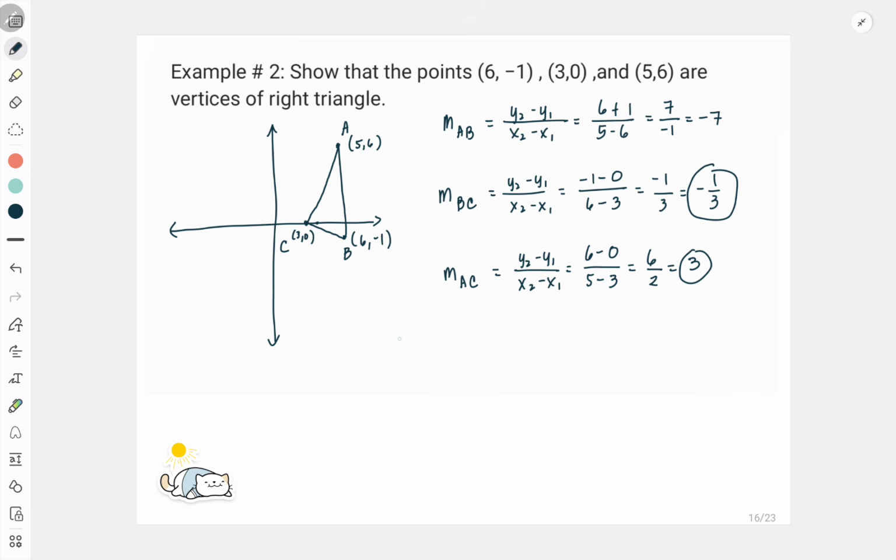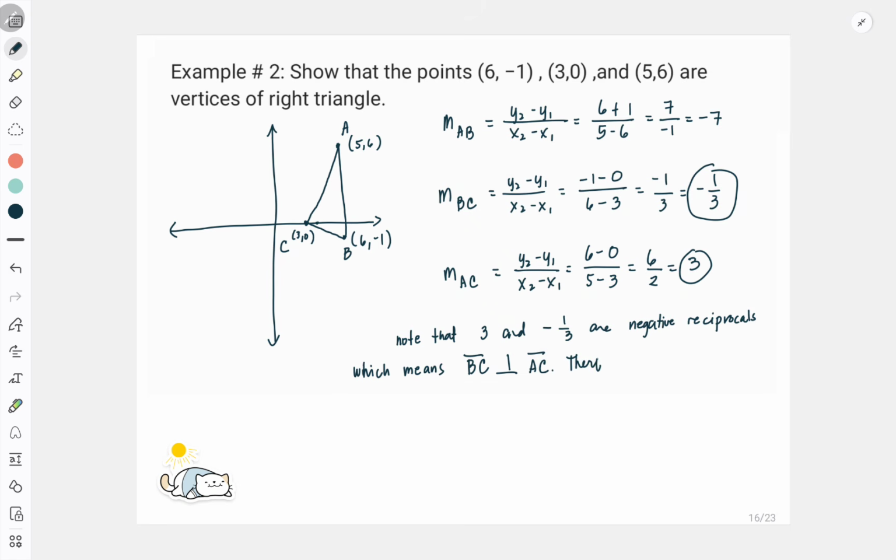Note that 3 and negative 1/3 are negative reciprocals, which means that line segment BC is perpendicular to line segment AC.